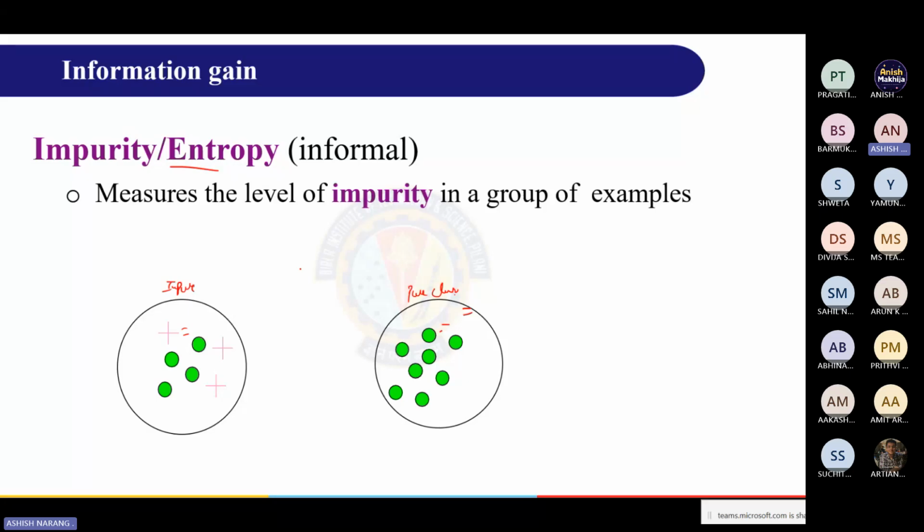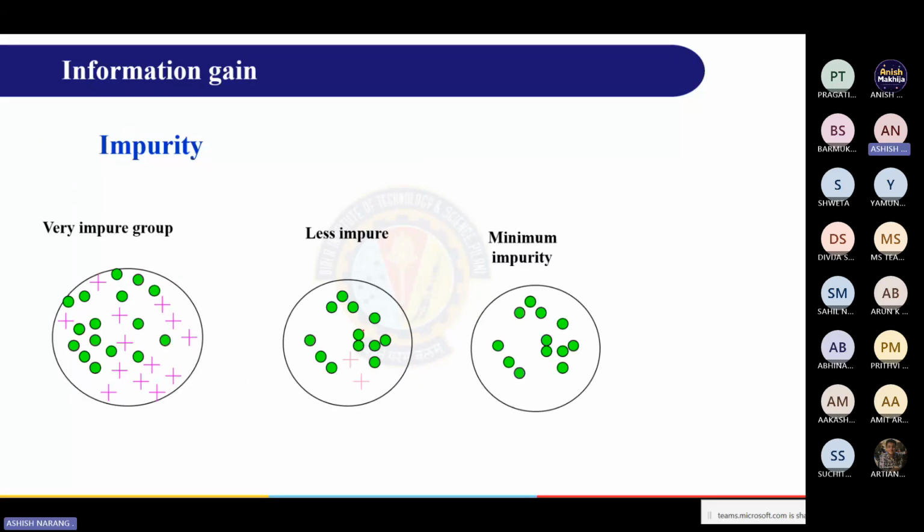Similarly, if I visualize this, this is a more impure data set than this, because all the records here belong to two classes. Here it's only one class. So our objective is to move towards purity. Purity means belonging to one class of data sets. Another visual: the impurity can be measured quantitatively also.